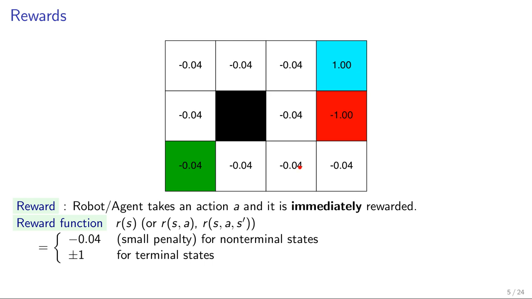But what we will introduce in addition is a so-called living reward, or a living penalty. That means for every move, it costs something. It may be positive, it may be negative. This will have consequences. But the idea is that we basically want to motivate the agent to go as quickly as possible to the goal.